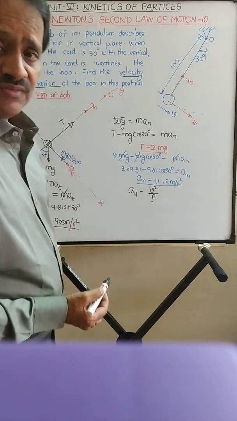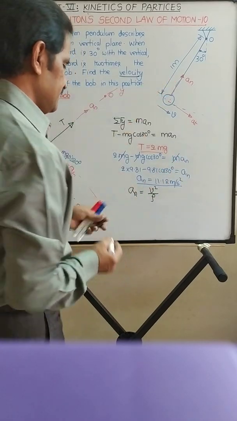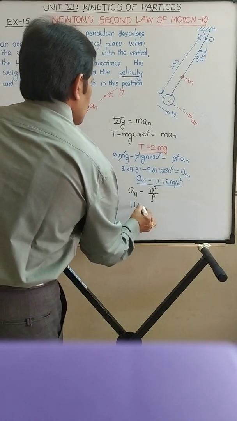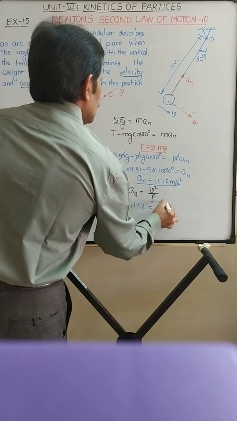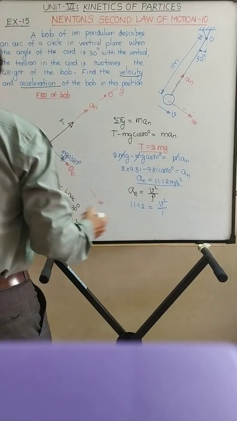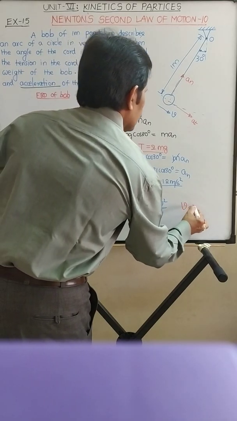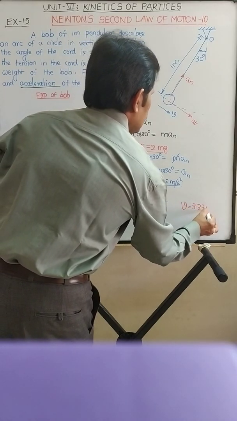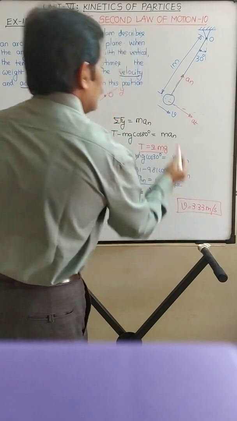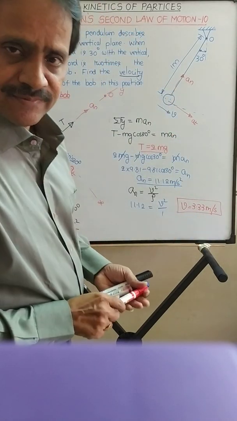Rho is the radius of curvature, which is 1 meter. So a_n is equal to 11.12 is equal to v square by 1. This gives you v is equal to 3.33 meters per second. So this is the velocity of the ball at this position.